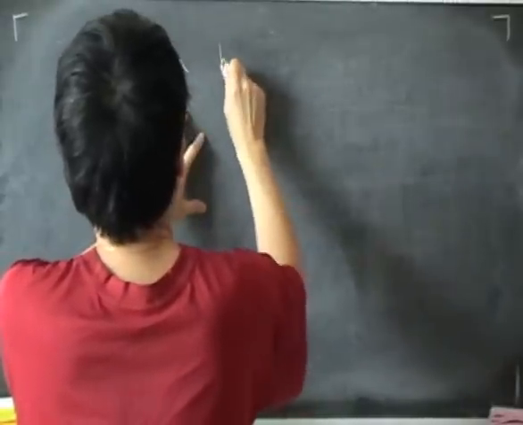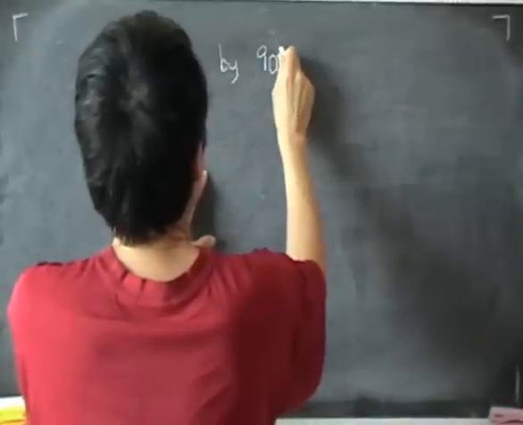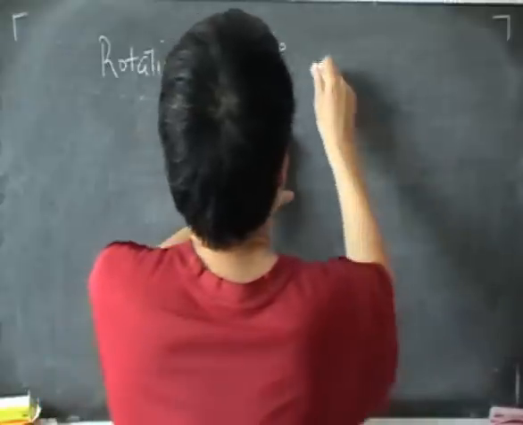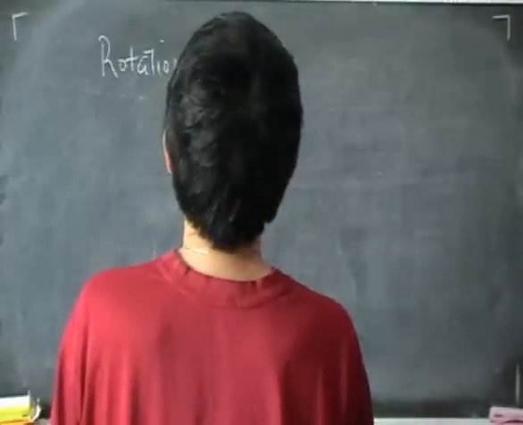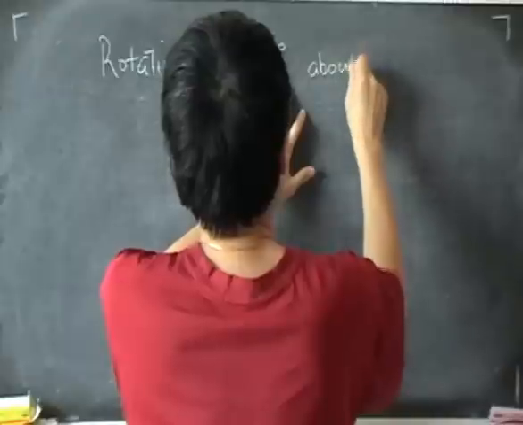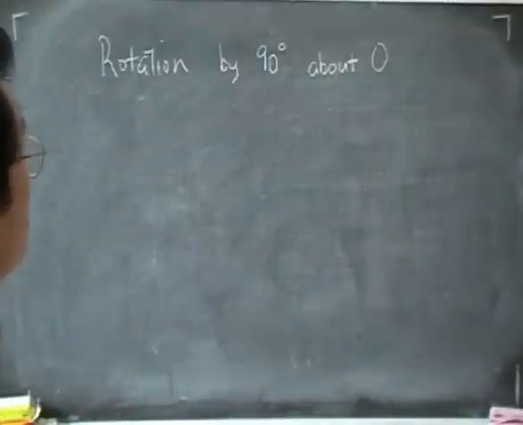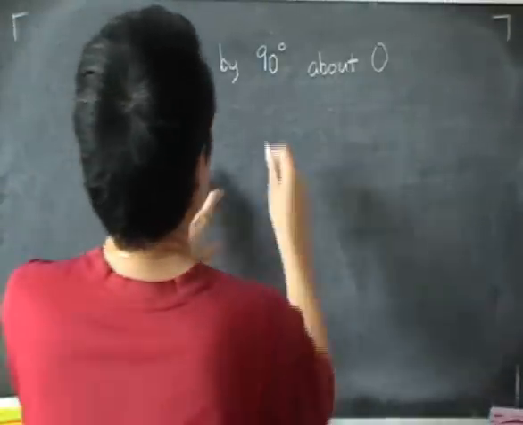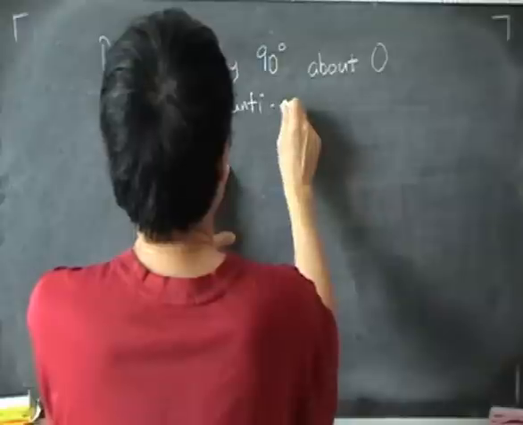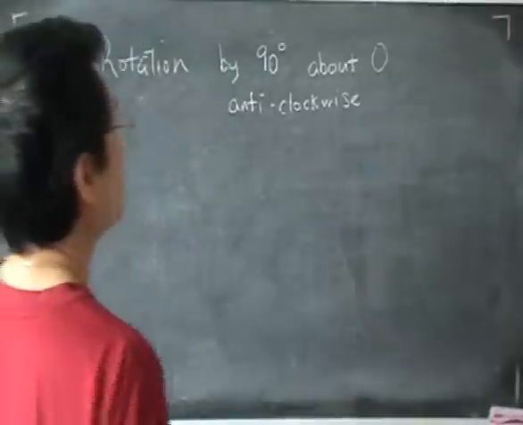Rotation by 90° about the origin. Rotation by 90° anti-clockwise about the origin. Okay.